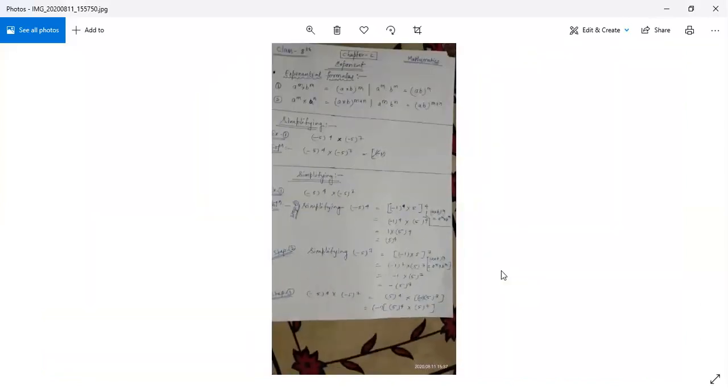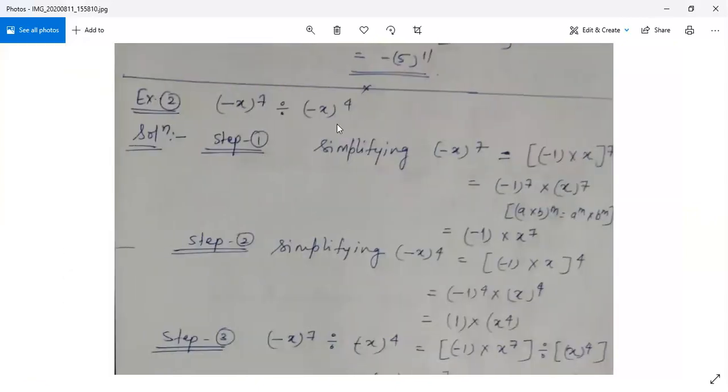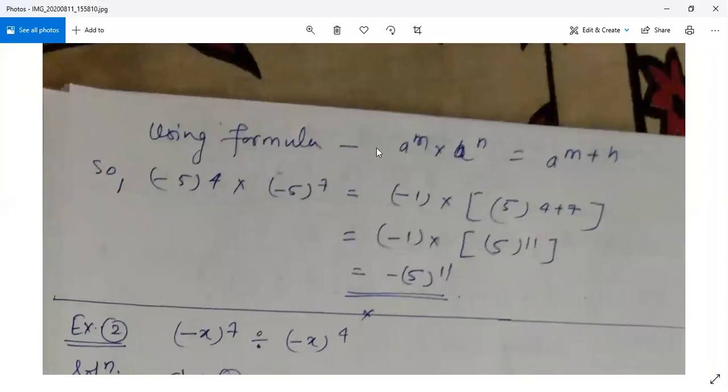Using that formula, you will get the overall solution as minus 1 into 5 to the power 4 plus 7. And we know that adding 4 plus 7 we always get 11. So your answer will be minus 5 to the power 11.